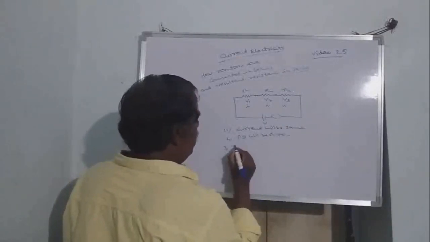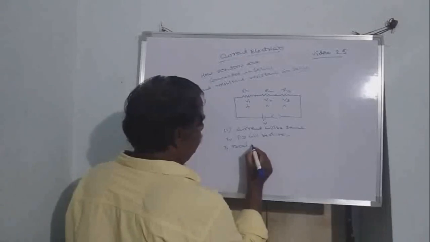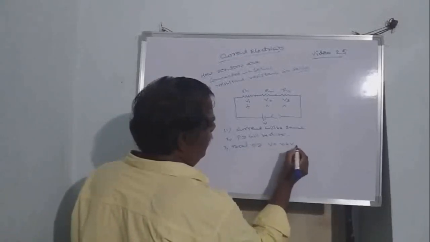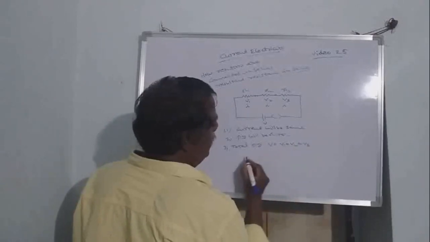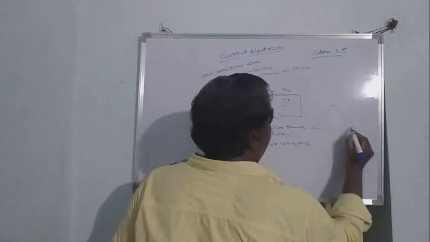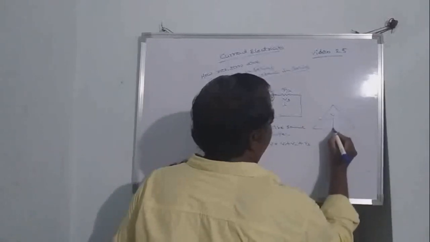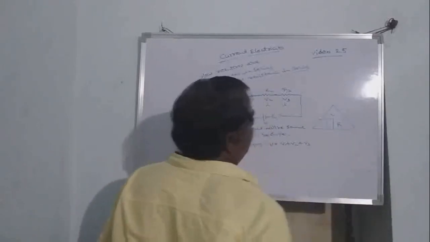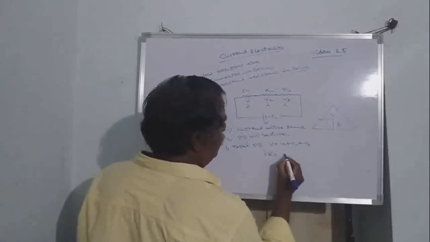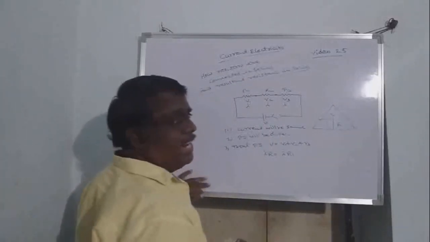So the total potential difference V is equal to V1 plus V2 plus V3. Here we have to apply Ohm's law. V is equal to IR. V1 is equal to IR1 because the current will be the same.